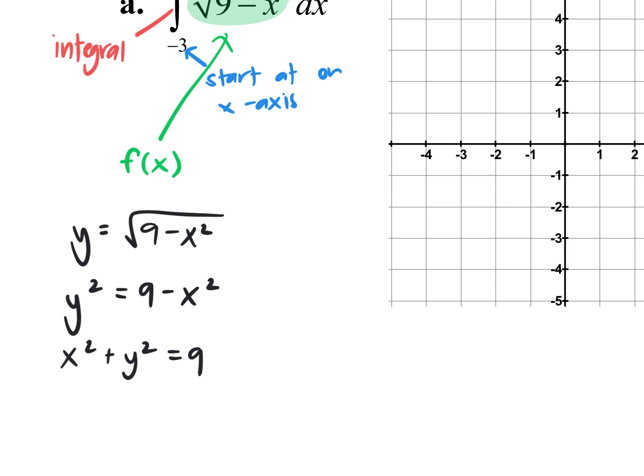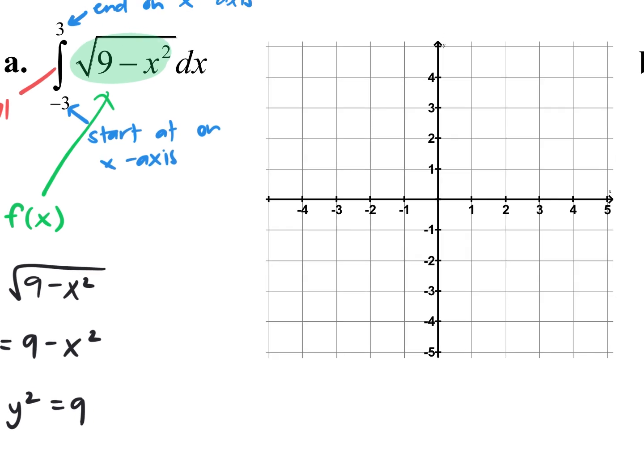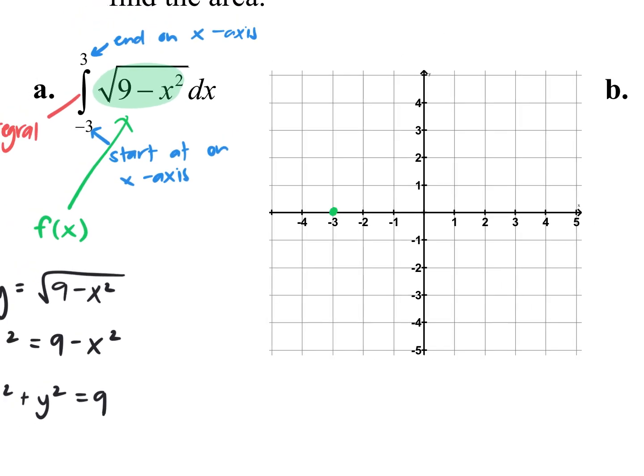That's technically a circle, yes? However, we only have the positive square root. We don't have the negative square root. So it's only going to be the top half of the circle. So it's going to be a little semicircle above the x-axis from -3 to 3 with a radius of 3. Something like that.